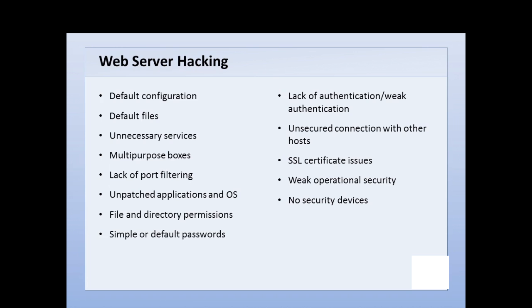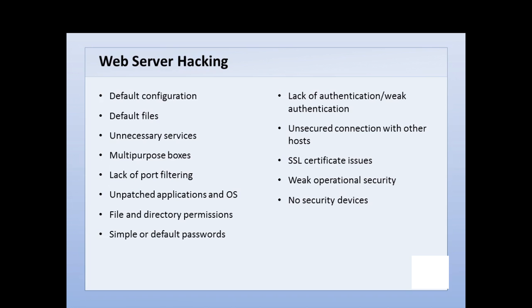Unnecessary services on the box might be an issue. If you're running a web server, do you really need DNS as a server service running, or SMTP? A lot of these relate to multi-purpose boxes. A lot of people, because of a budget or because of the need to have multiple services out there on the internet, may put multiple services on them, a web server, an email server, and so forth.